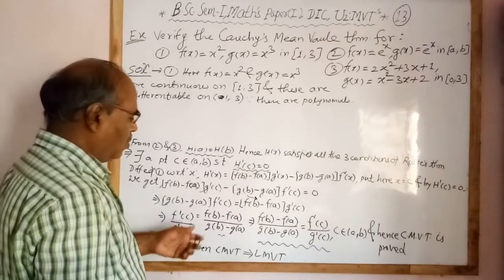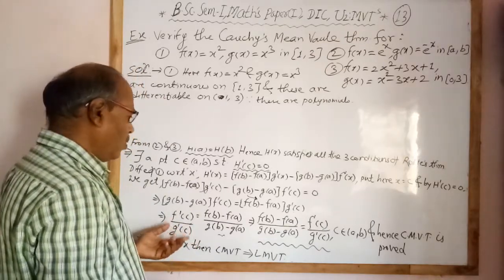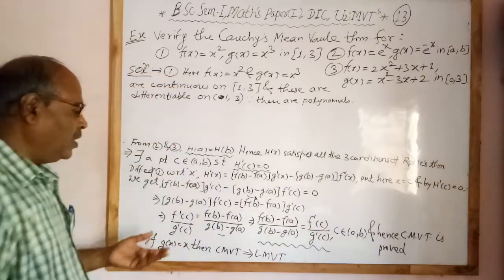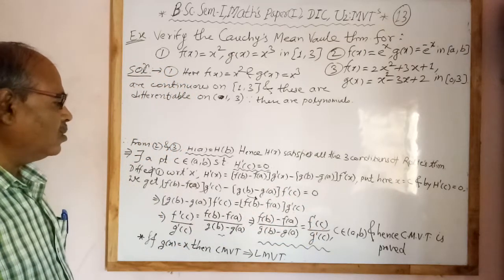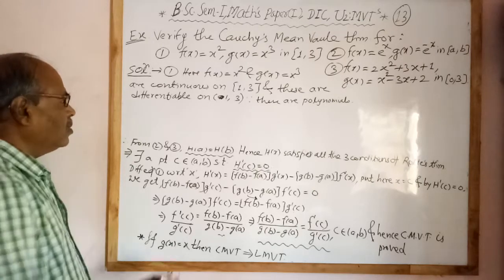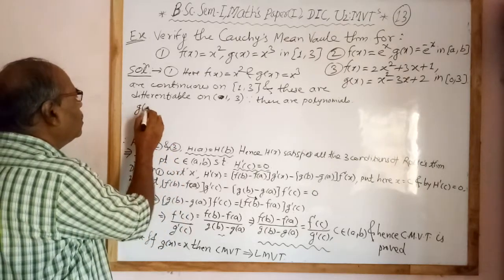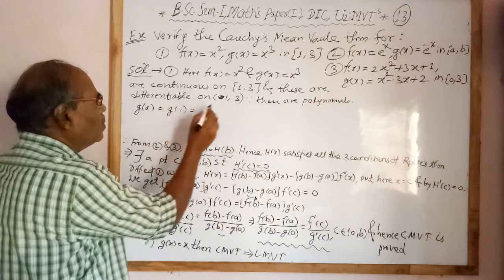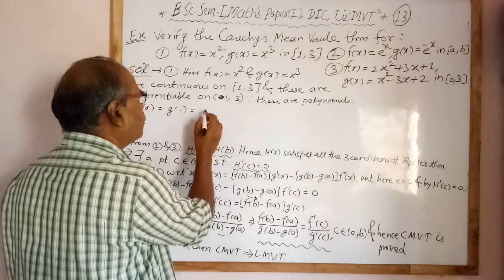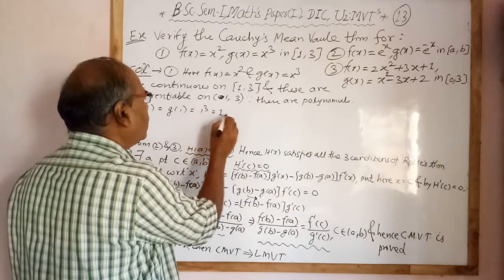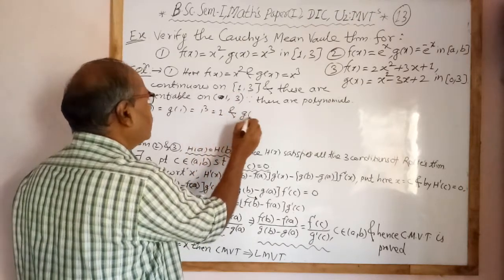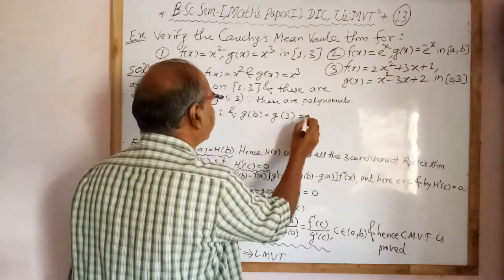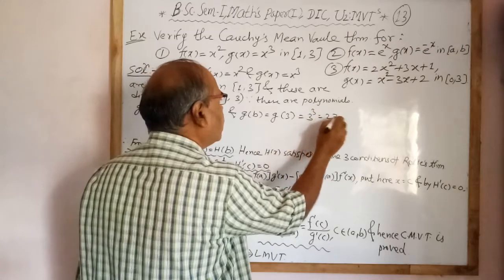Now in the Cauchy's mean value theorem, we have f dash of c, g dash of c, and the condition is g of a is not equal to g of b. Therefore, we find g of a, that is g of 1, a equals 1 and b equals 3. g of 1 equals 1 cube, that is 1, and g of b, that is g of 3, equals 3 cube, that is 27.